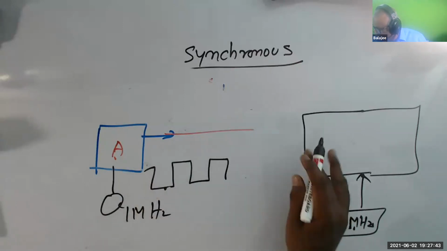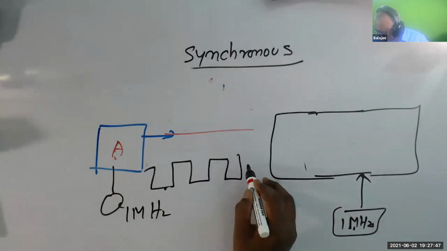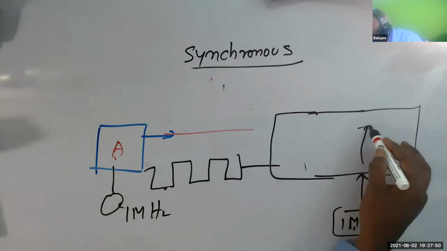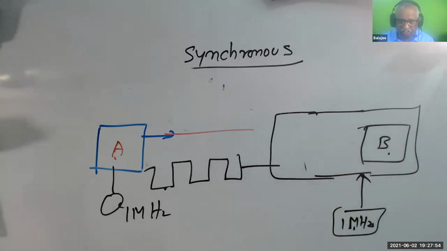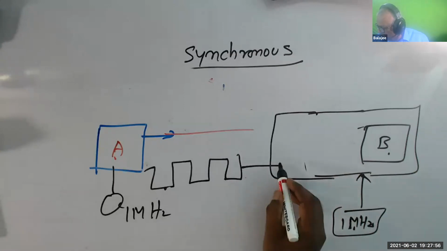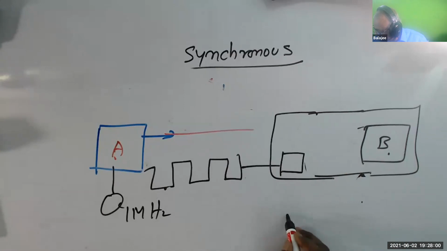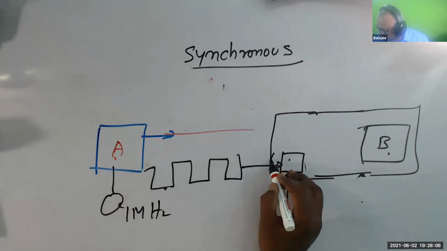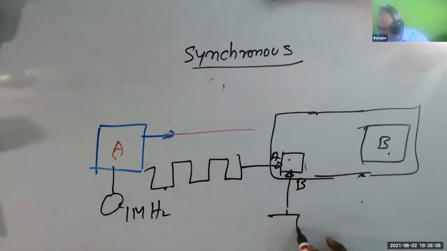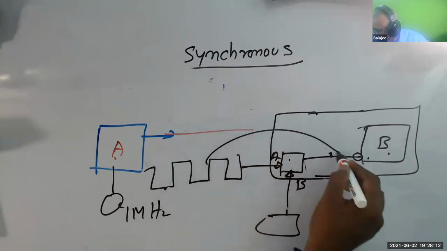Now somebody, before the clock goes to the receiver, in between somebody will get the clock first, not your B. And this clock goes here also. Both the clocks are going. Now A's clock is going to this guy and B's clock is going to this guy, and that guy will send the clock here, which will be the same as A's clock.